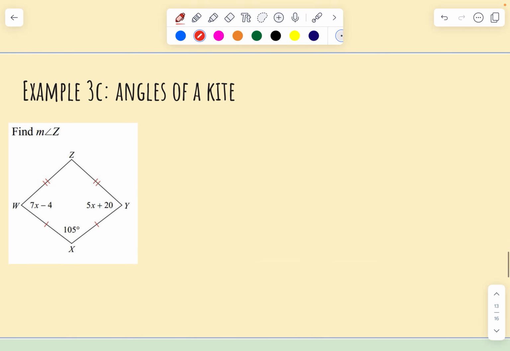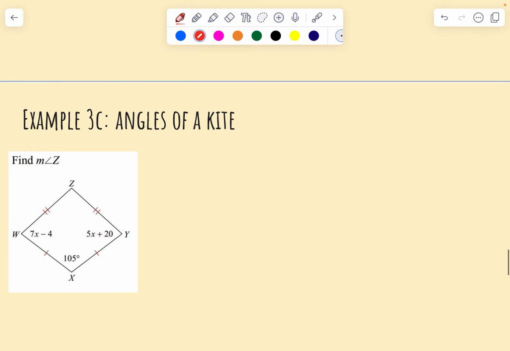Let's look at another angles here. This one is actually a little bit easier because here W and Y are my congruent angles, so I can just set those equal to each other. I know angle W is congruent to angle Y, so I can say 7x minus 4 equals 5x plus 20.